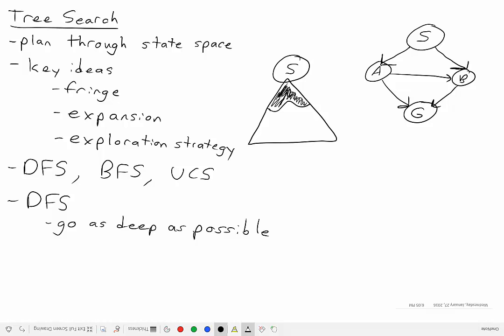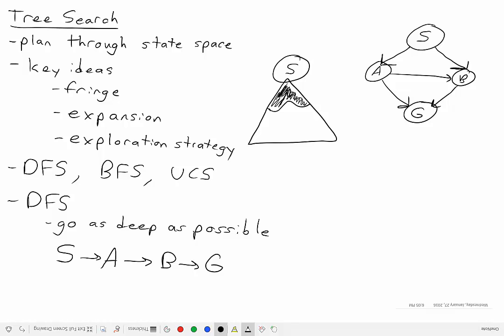So for example, we'll start at state S, and then we look at its neighbors, which are going to be A and B, and we always break ties alphabetically. So then we'll go to A, and then we just keep going. Basically whatever path we're on, we just keep going until we can't go any farther. A can go to B or G. We break ties alphabetically, so we go to B. We keep going as deep as possible. B can only go to G, and we'll be done.